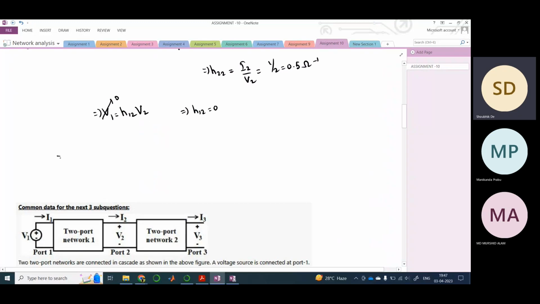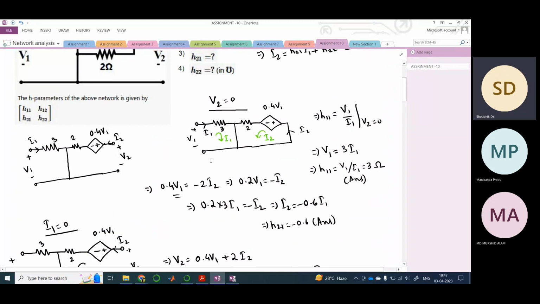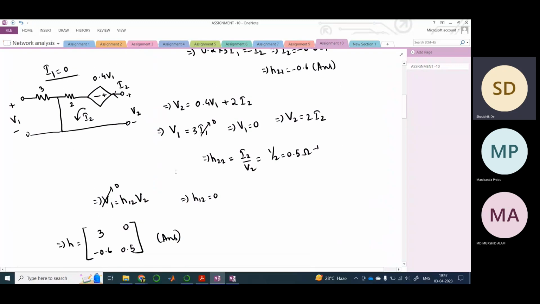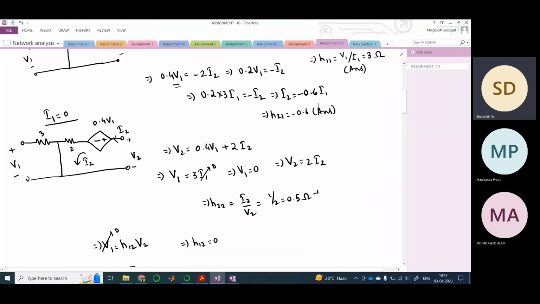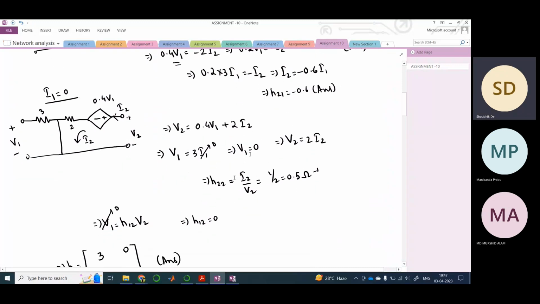And hence what would be our H matrix? So this is 0, this is 0.5, this is minus 0.6, sorry, and this is 3. So this is our H matrix. I hope this is clear. Now we will try to solve using the current source without doing the source transformation. But I hope this is clear.